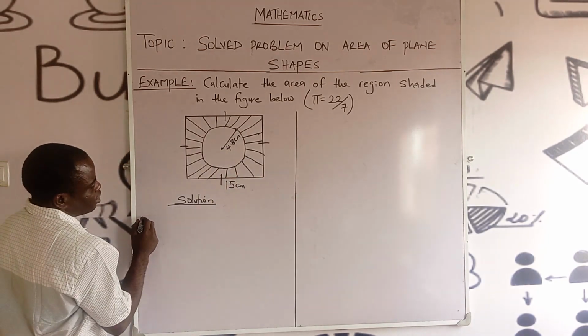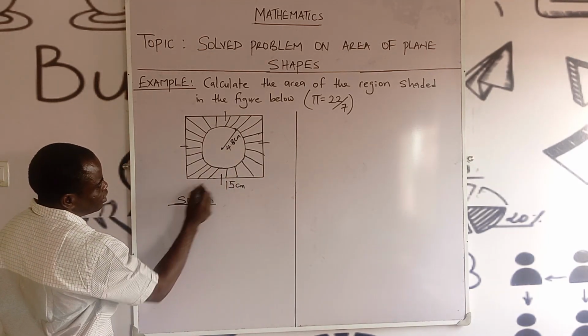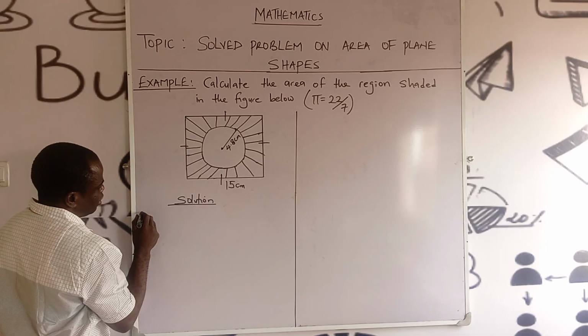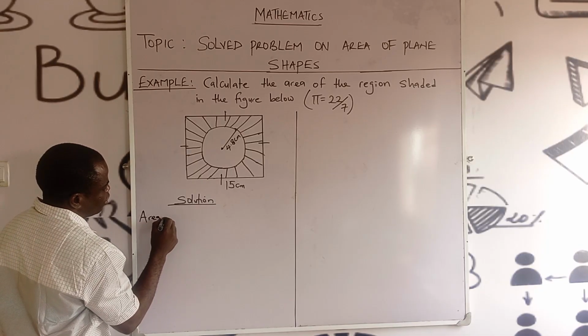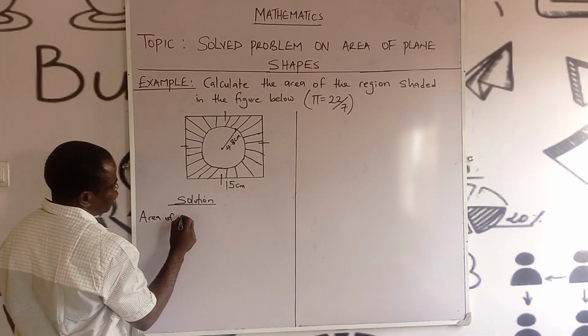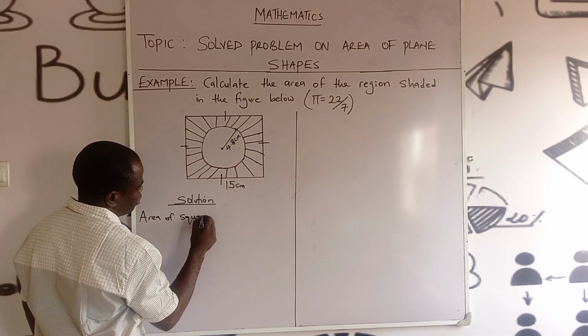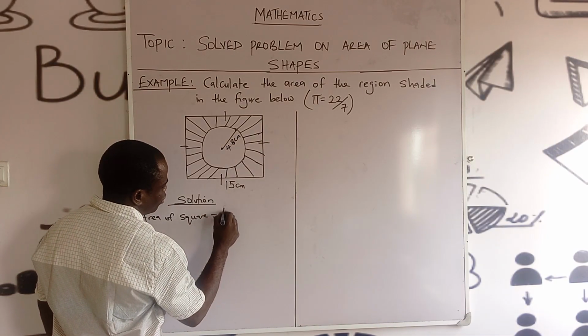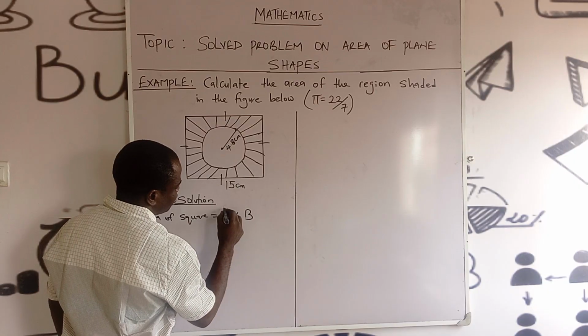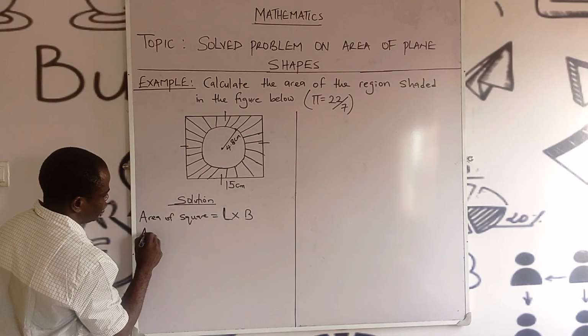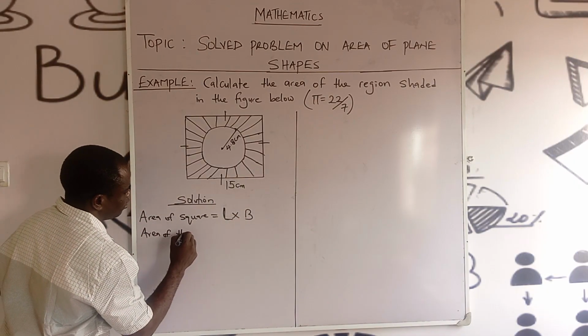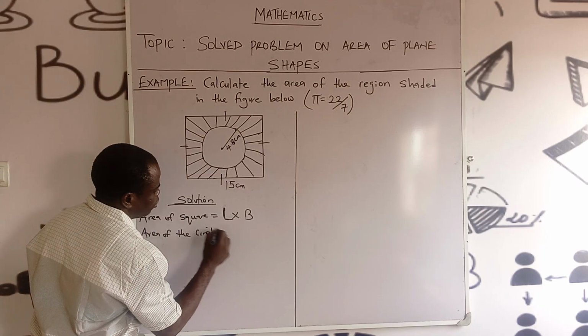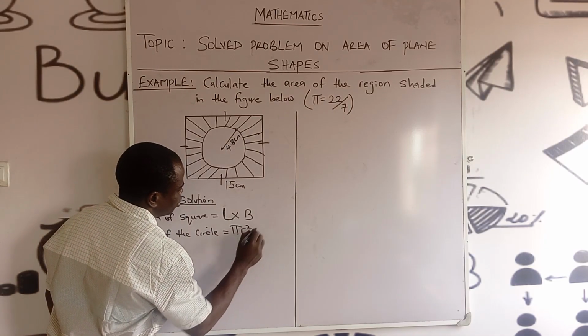Now let's look at the formulas. The area of the square is equal to the formula length times breadth. Area of the circle will be equal to pi r squared.